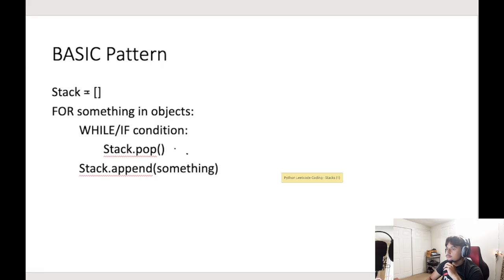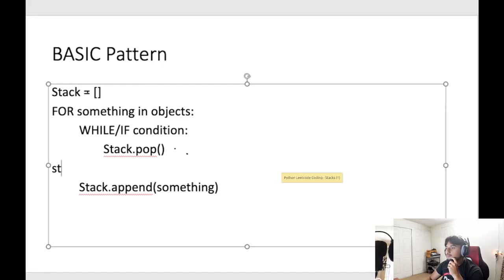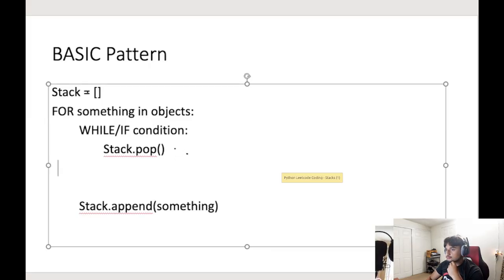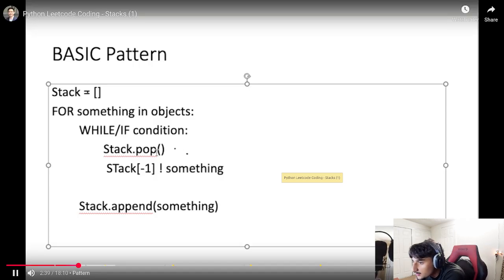Now I should add one thing: usually we do some sort of check with that very top item on our stack. So it'd be something like stack[-1], and we do something here with usually this object. Now this isn't always the case, but I think it's a good kind of pattern.